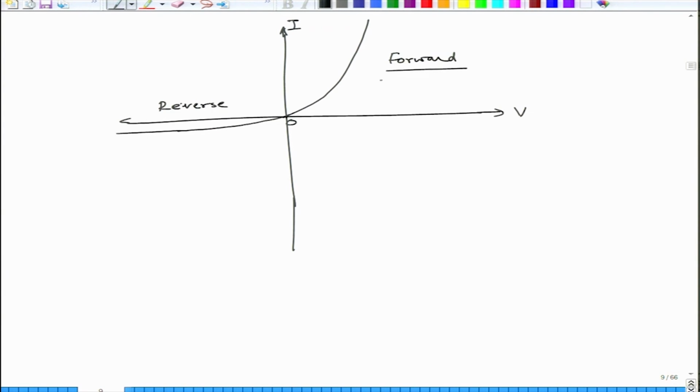Mathematically speaking, this current is I equal to I naught into exponential of qVA divided by kT minus 1. And in the reverse bias, it is also I equal to I naught into exponential.